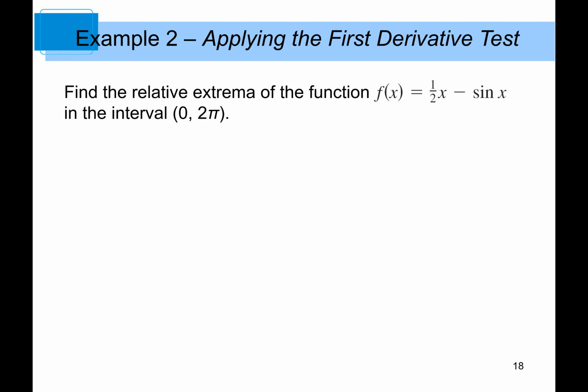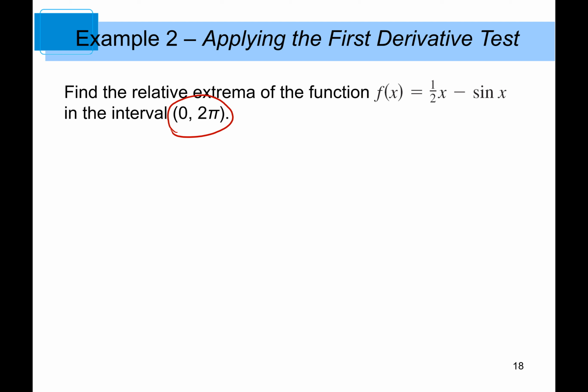Okay, so let's take a look at this example and apply the first derivative test. Find the relative extrema of the function f of x equals half of x minus sine x in the interval 0 to pi. So it's a predetermined interval 0 to pi. In order to find the relative extremas, first step, we gotta figure out increasing, decreasing intervals.